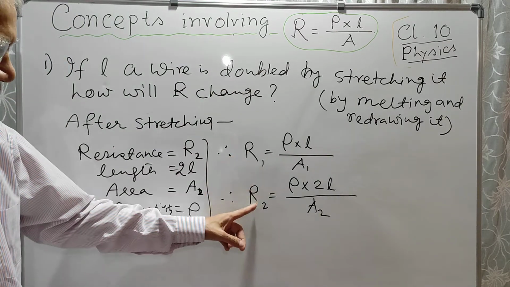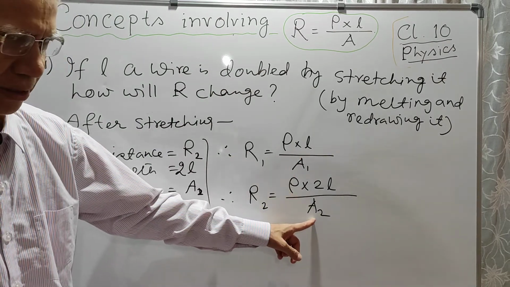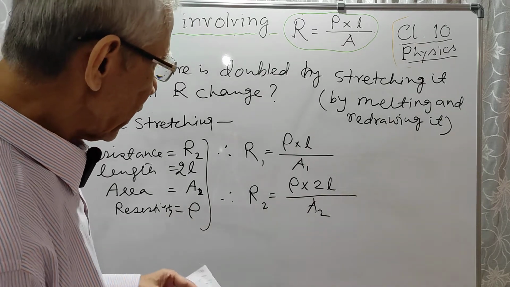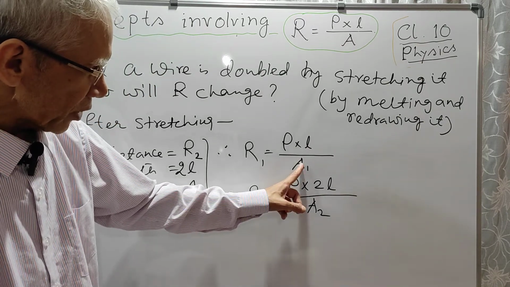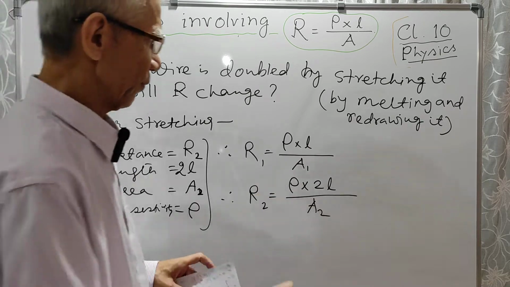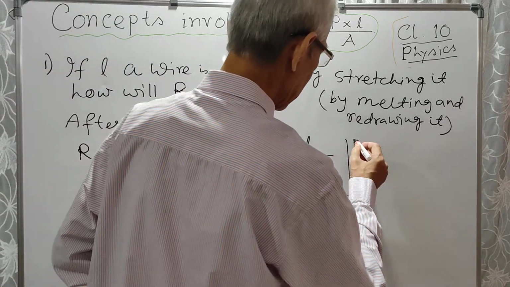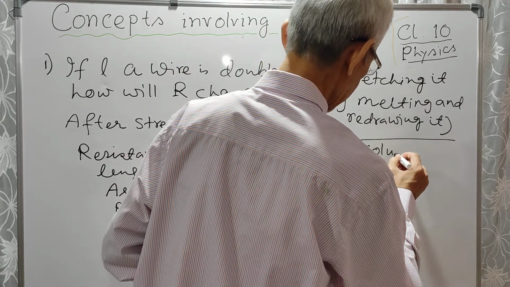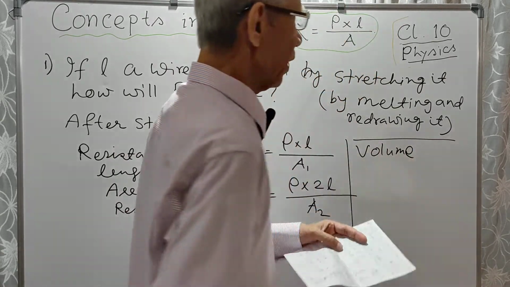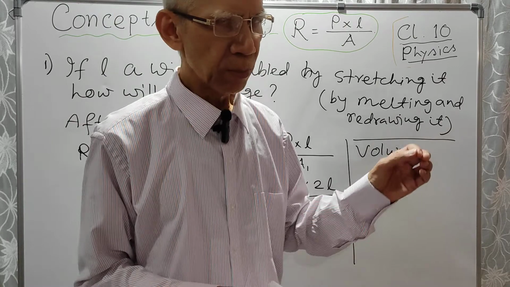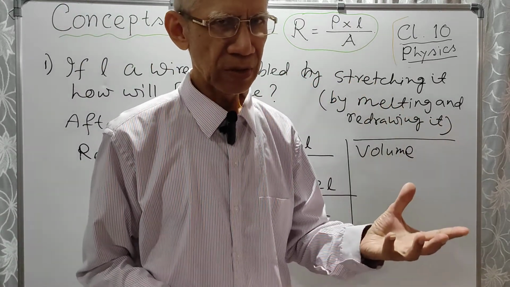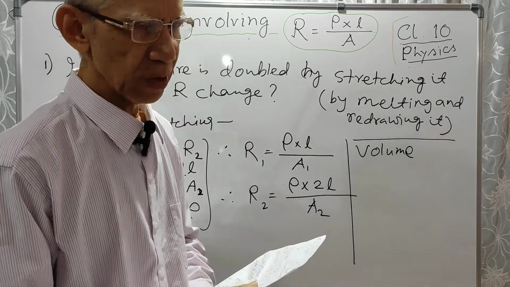So R1, R2 are different and A1, A2 are different. Okay. All right. Now you see what is the relation between A1 and A2. For that purpose, let us see about volume. Now both the wires have the same mass and therefore the same volume.